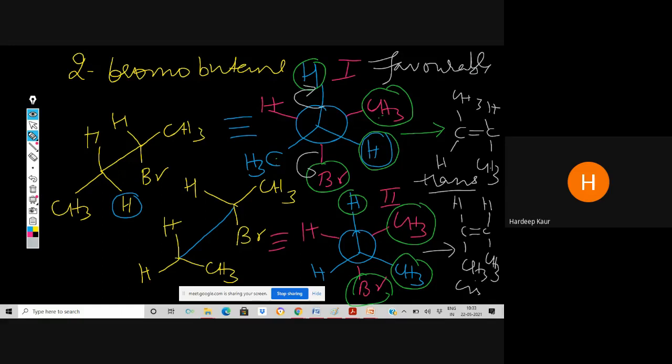So the first structure is highly reactive because it is more favorable, and we will be getting the trans product, the trans alkene, as a major product. Okay? Did you understand? Yes madam. So in this way, conformation affects the reactivity of a molecule.